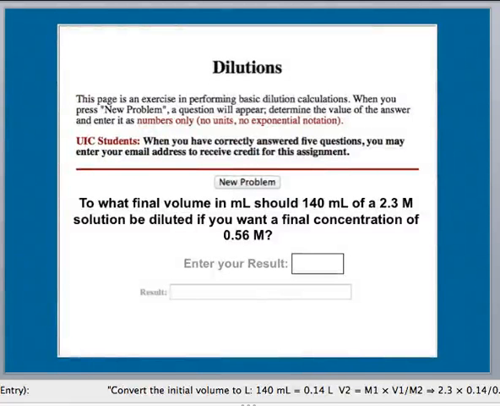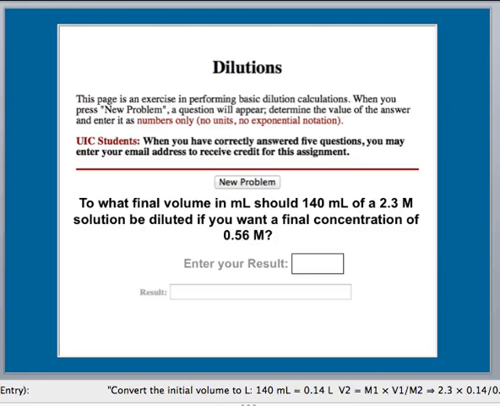All right, there's a dilution tutorial. Let's run through these quickly. I think there are 3 or 4 on your sheet. To what final volume should we take 140 mils of 2.3 molar stuff to get a final concentration of 0.56 molar? We're going to use concentration times volume.